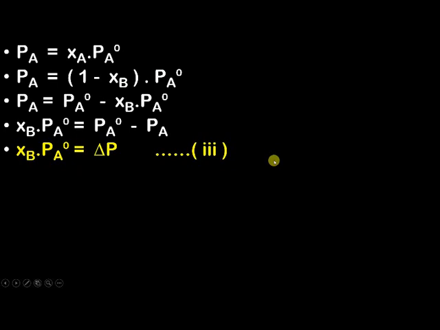Now when you observe this equation, guys, can I say that this delta P is nothing but the value of vapor pressure lowering? So delta P depends on XB, and XB is nothing but the mole fraction of B. As you can see from the formula, delta P depends on XB.